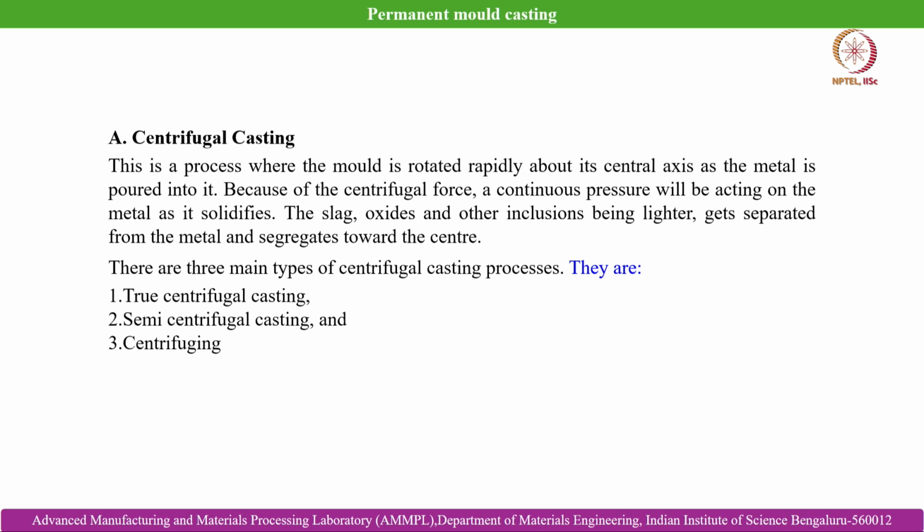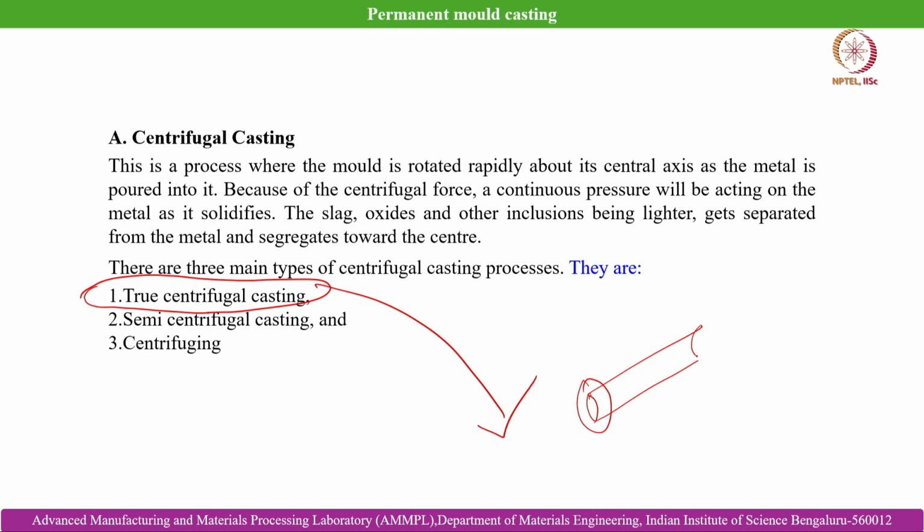It is true centrifugal casting which is useful to develop hollow pipes. For example, if you recall, I have discussed the hollow ductile iron pipes being developed in the country by Tata Metaliks, which are made by true centrifugal casting.